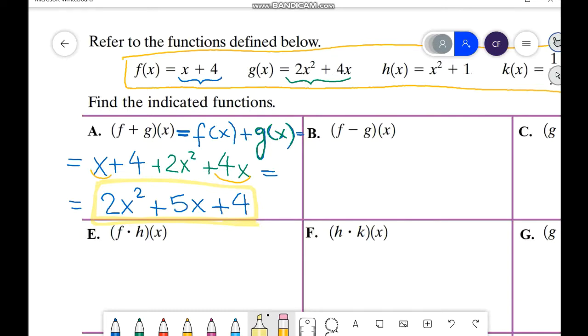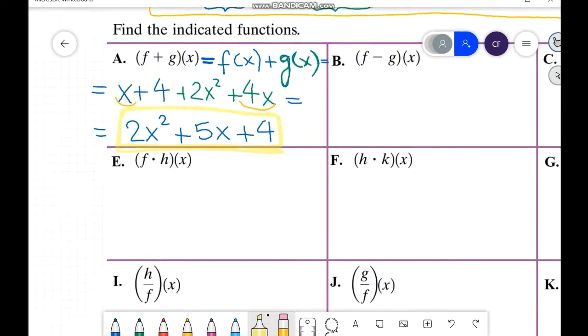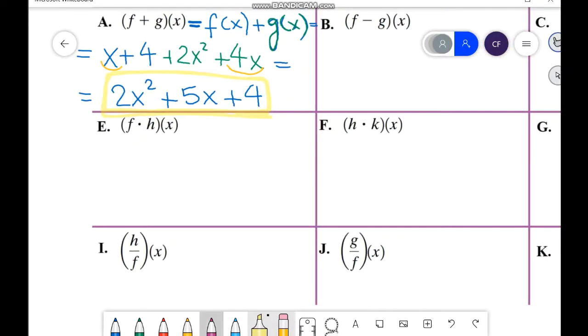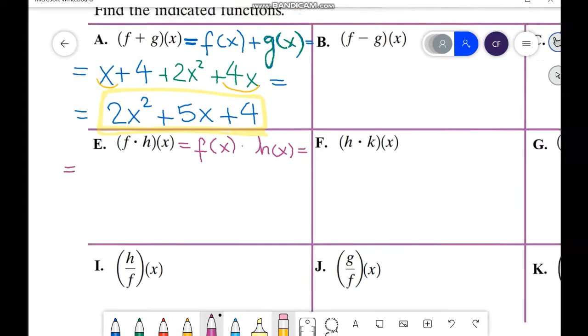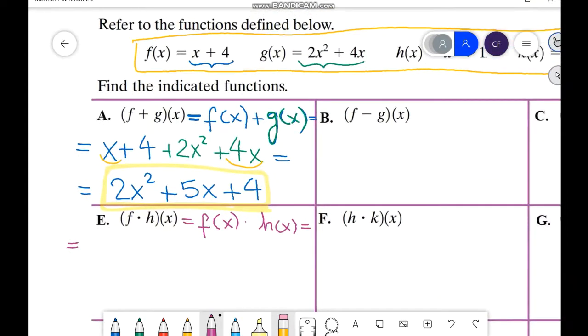Let me show you an example of multiplication, okay? Letter E, multiplication. We have f times h of x, which is going to be the same thing as f of x times h of x. So check up here what is f of x. F of x is x plus 4.